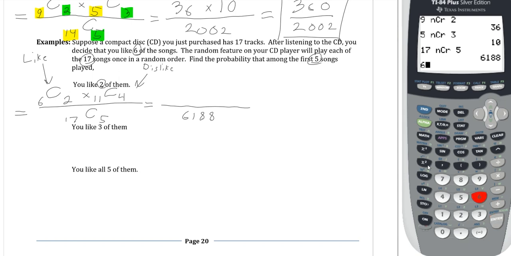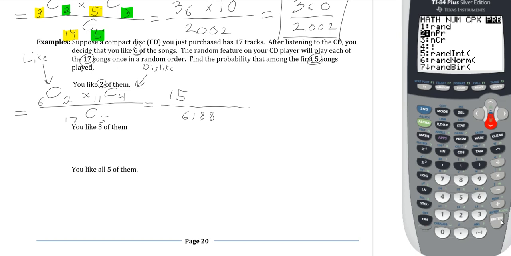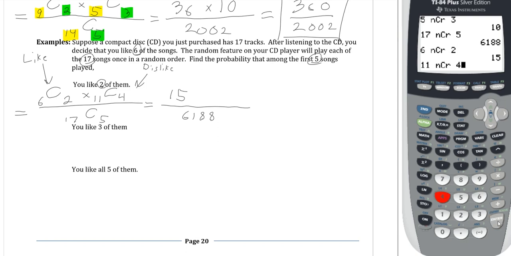If we do 6 choose 2, that should give us 15, I think. Yeah. 6 choose 2 should give us 15. And then if we do 11 choose 4, I think that gives us like 330 or something.